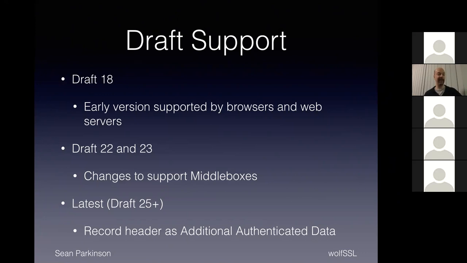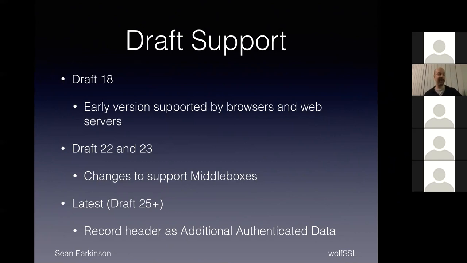Now the record header is also part of the authentication code calculation. It was unclear why they included this. They didn't spell it out exactly on the mailing list, but I can see that it's important for security reasons that you include everything that's being sent in the packet as included in the authentication data.